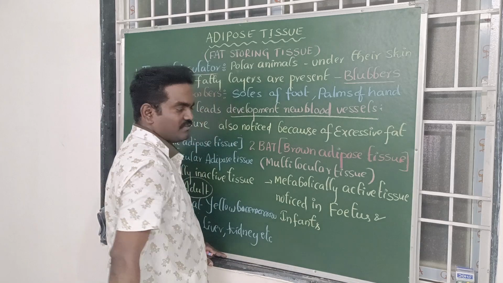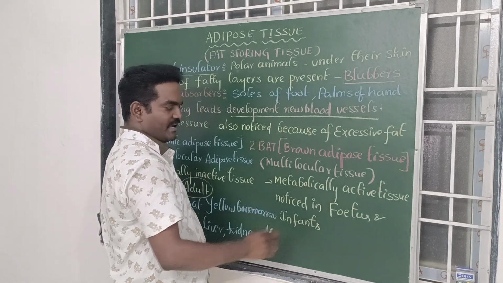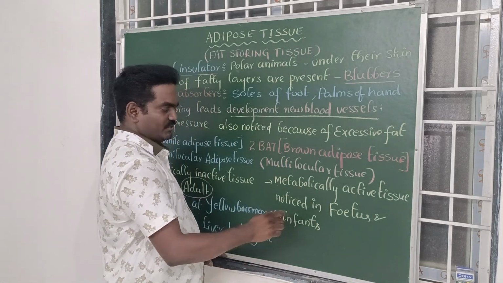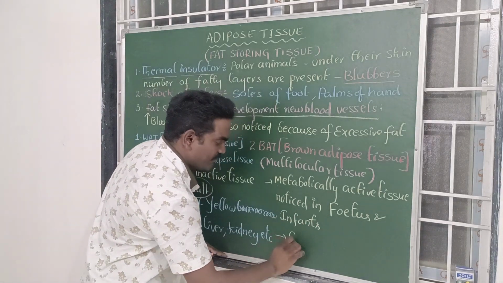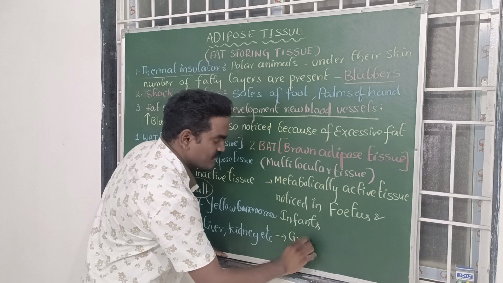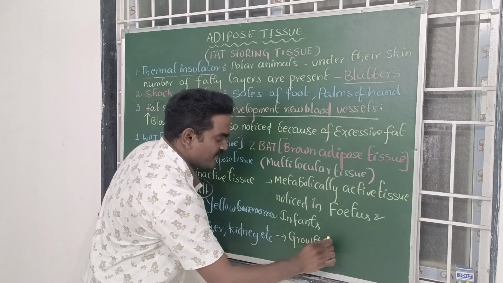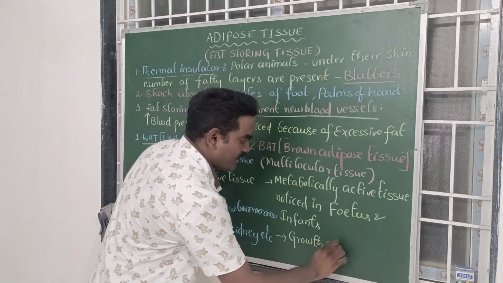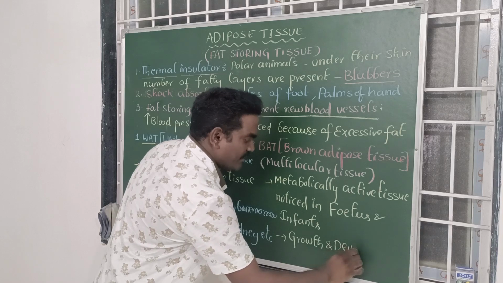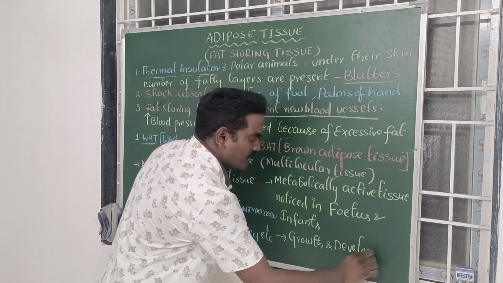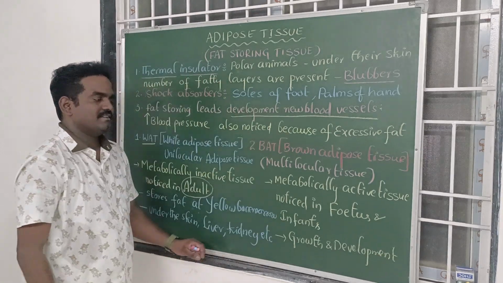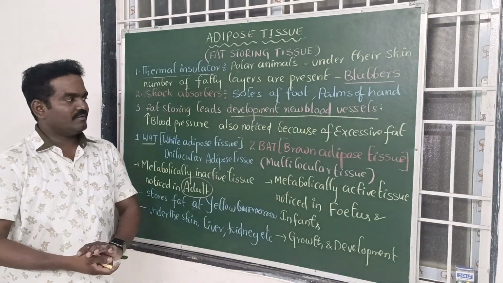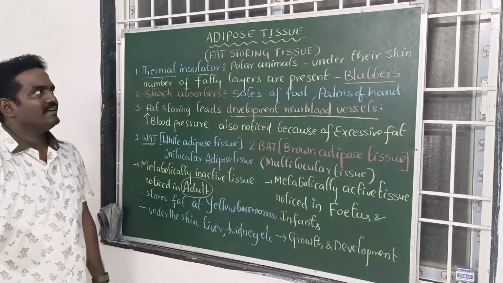So what is the role of this metabolically active tissue in infants and fetus? Their growth and development is majorly done by this tissue. Fetus and infants' growth and development takes place by this BAT. So this is about adipose tissue.